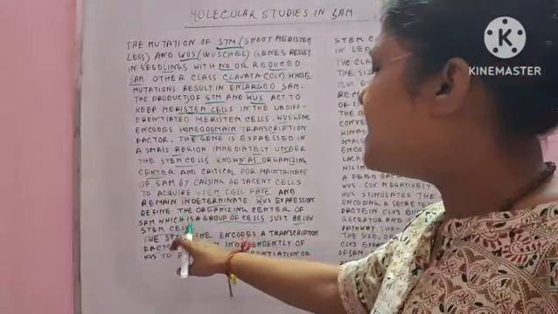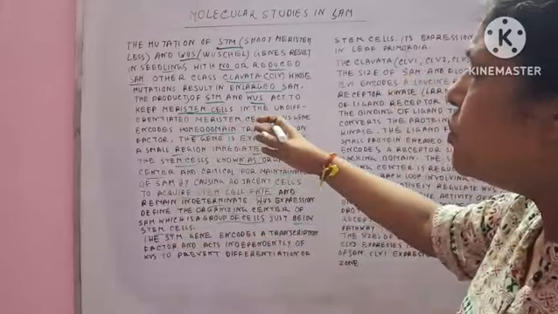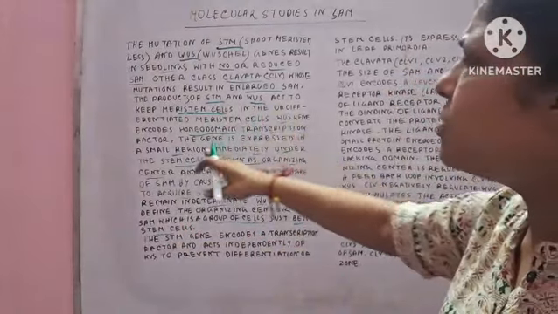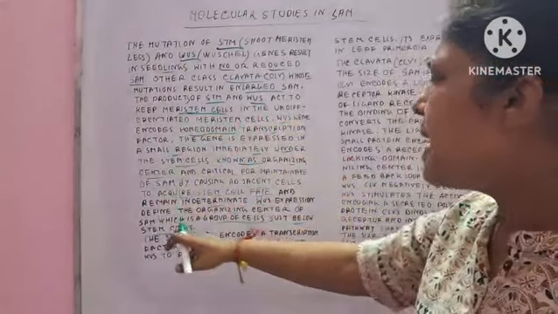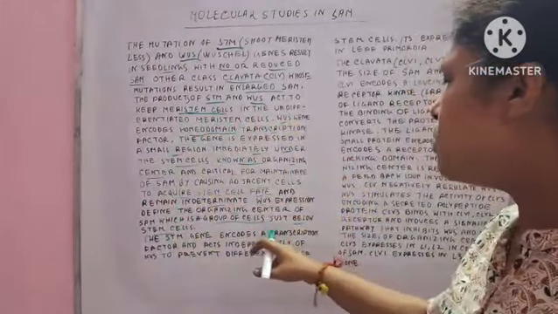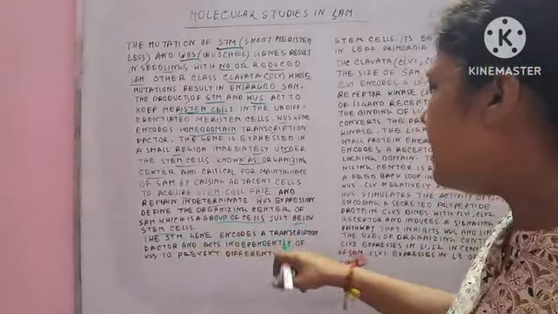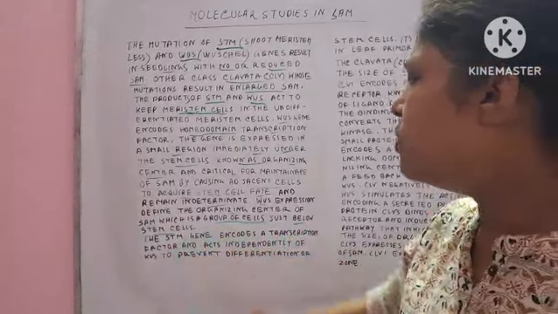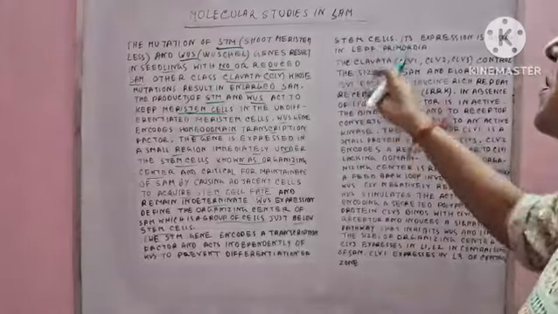Now, what is the STM gene's role? Like WUS, which encodes a homeodomain transcription factor, the STM gene encodes another transcription factor and acts independently of WUS to prevent the differentiation of the stem cells.